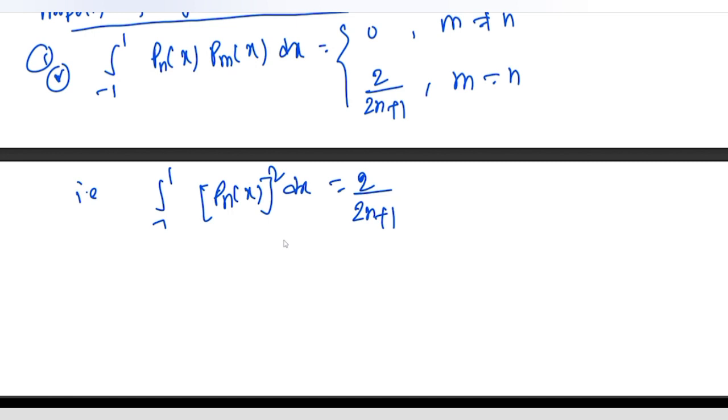Orthogonality condition. What is the orthogonality condition in the Legendre polynomial? We know that for the orthogonality condition, we have to show the integral from minus 1 to 1 of omega x Pn of x Pm of x dx equal to 0.